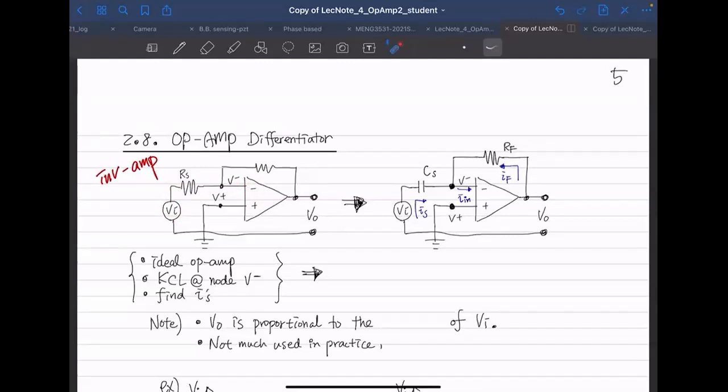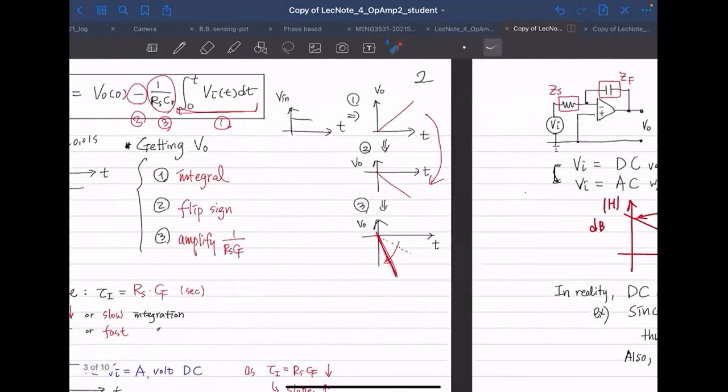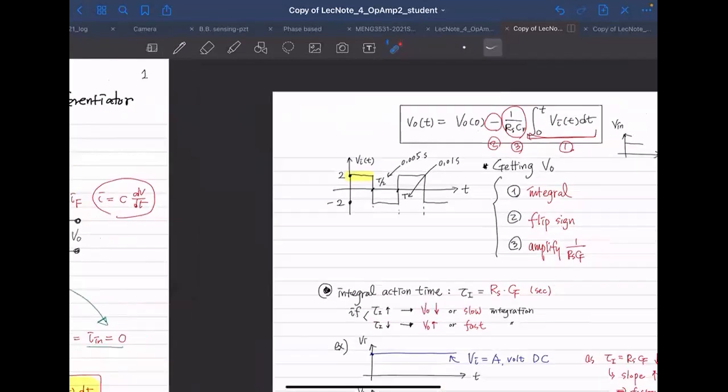For our integrator, we swapped this guy to a capacitor. But now we are replacing the resistor from the input to a capacitor here, okay? Previously, there's a diagram.